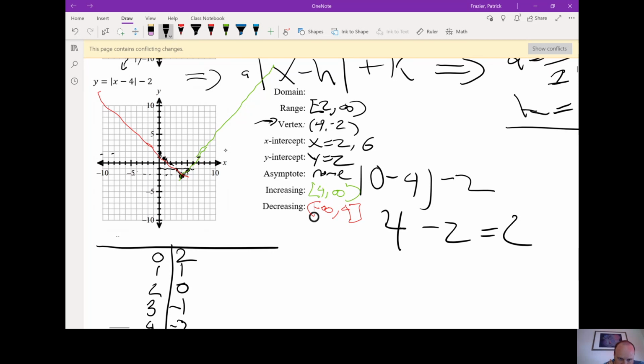It never goes below negative 2. So that's as low as we go, and then we go as high as infinity.